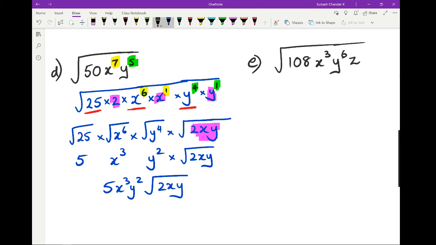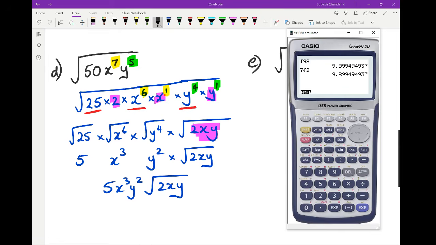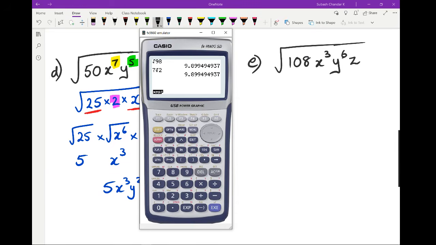Now 108 here. One thing you can do, if you don't know which square number you should be working with, is just start messing around with it. I usually go divide by 2. Well, that's 2 and 54. I can't really use 2, so I'm not going to use 2 in this case. What about 3?